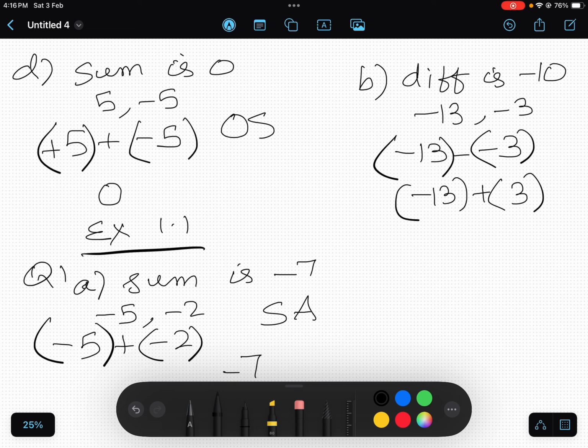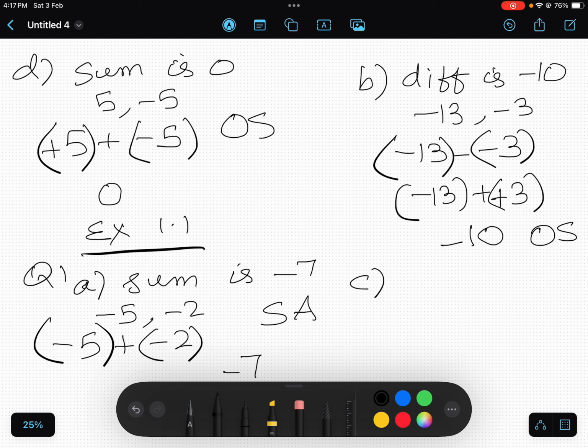This 3 has a positive sign in front. So are the signs same or opposite? It is opposite. So we have to subtract. Signs are opposite, we are going to subtract. 13 minus 3 is 10. And 13 is the bigger number with a minus sign. So this 10 will get a minus sign. So we have written a pair of integers whose difference is minus 10.